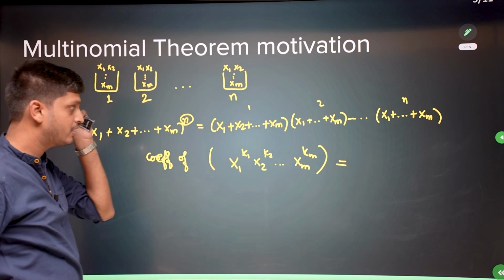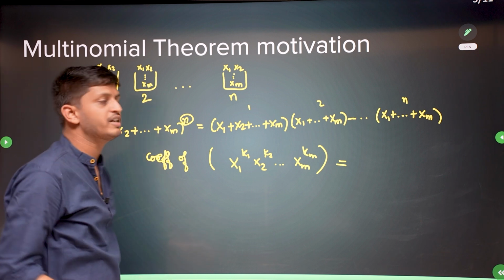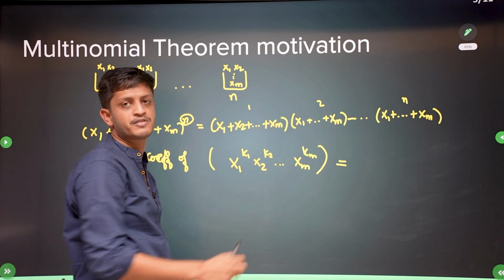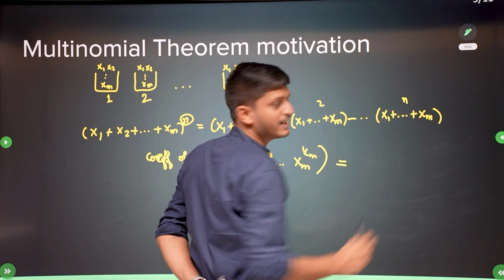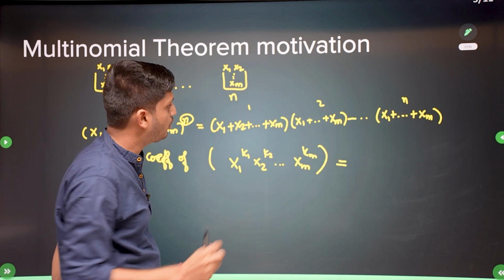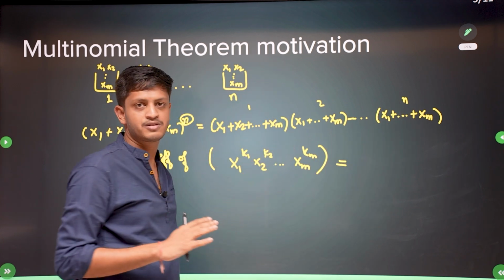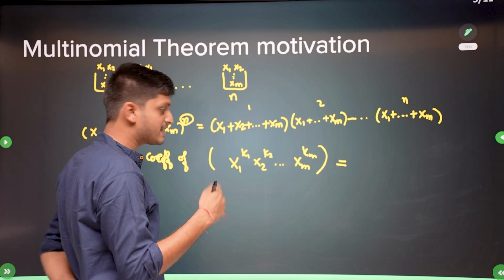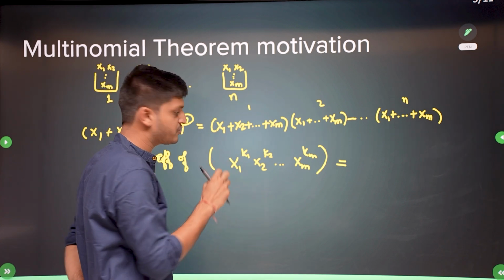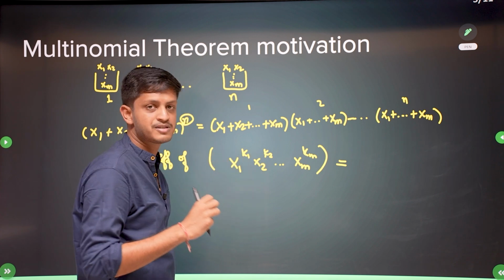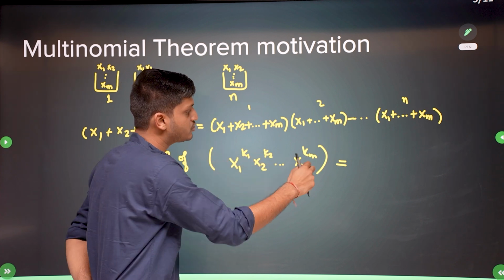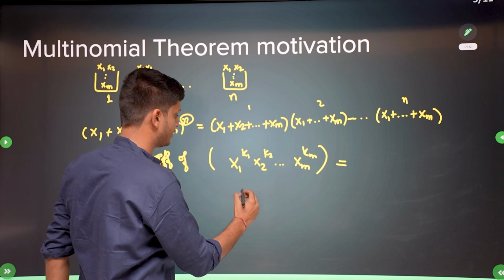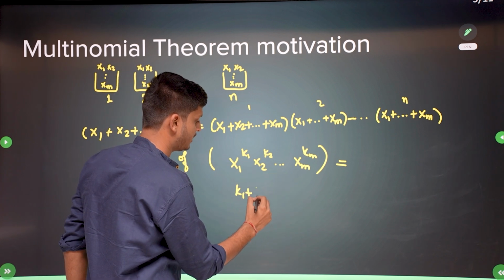Okay, so it is like the number of ways in which we are taking one object from the first bucket, one object from the second bucket, one object from the nth bucket, and all the buckets have m items, right? x1, x2 up to xm, same items. So in such a way that we are taking k1 x1 items, k2 x2 items, k3 x3 items and so on, km xm items. The sum of k1, k2 up to km will always be n.